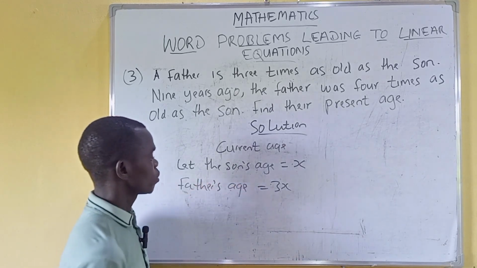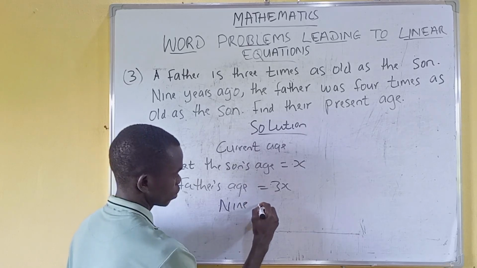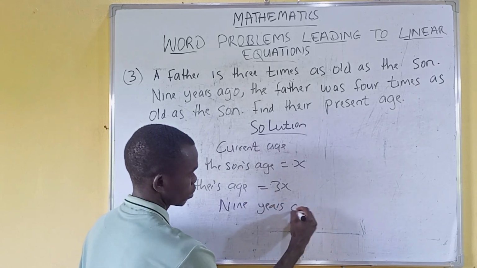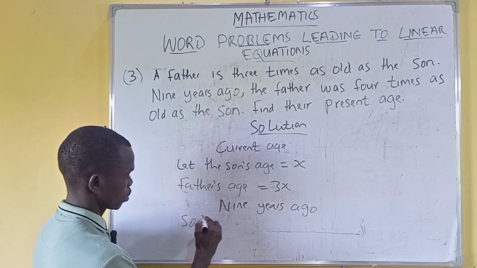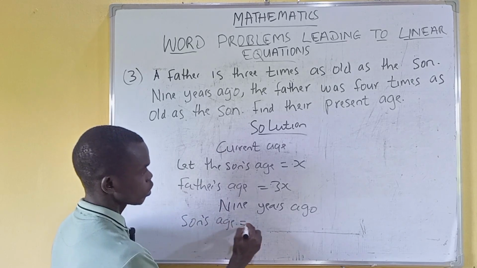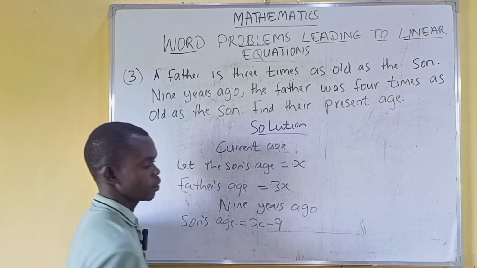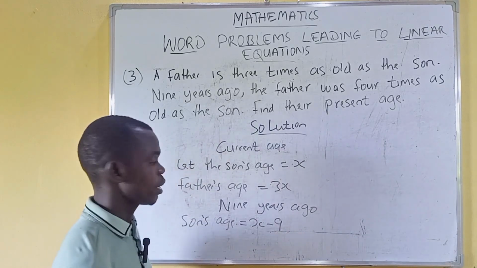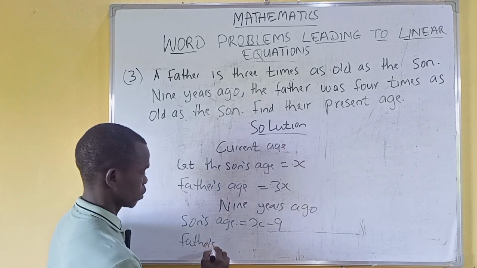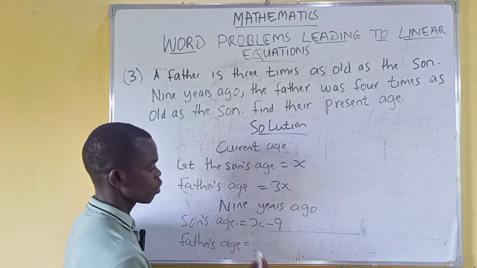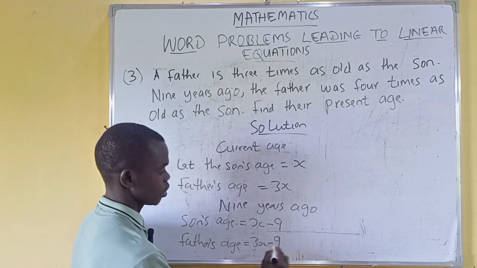So, from here, we will write 9 years ago the son's age be equals to the current age minus 9. So, while that of the father equals to the current age, which is 3S minus the 9.